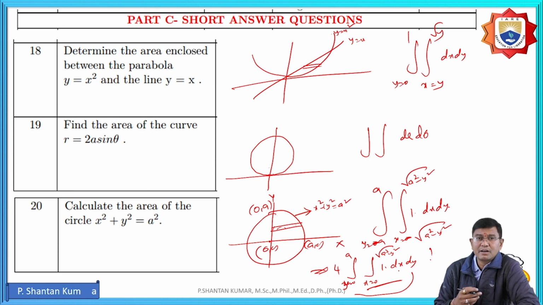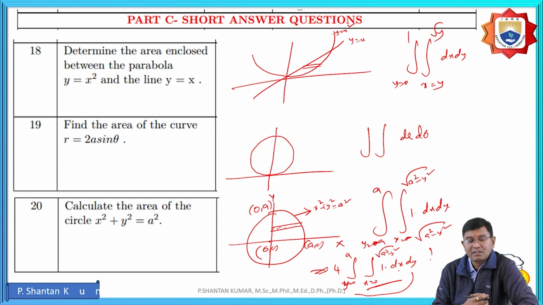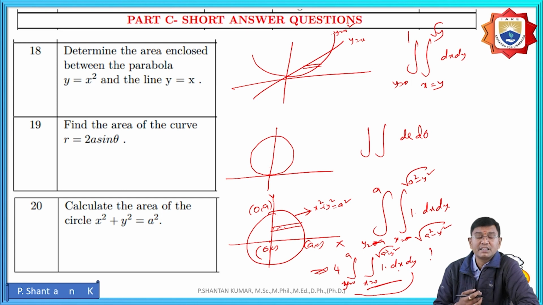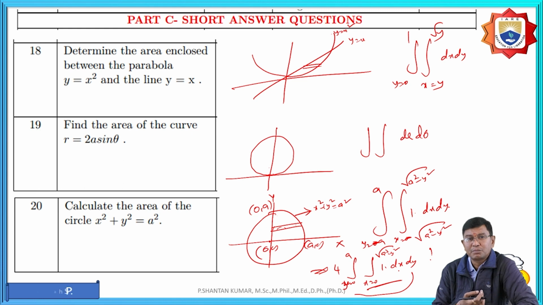We also discussed them individually in the previous lectures: change of order of integration, double integration with constant limits and variable limits, finding areas, and finally polar coordinates and triple integration. All the individual videos were clearly discussed.